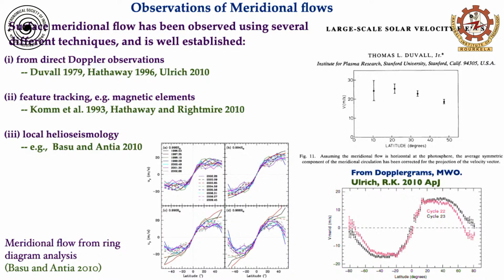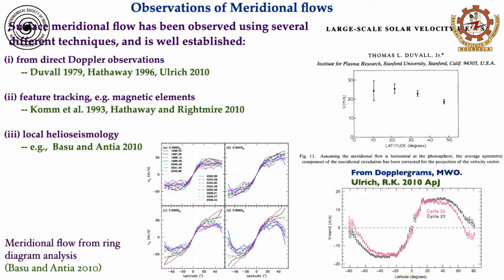And later, in 2010 or so, local helioseismology techniques were applied to measure these small flows. When you measure global frequencies, they are shifted by these small amplitude flows by a very, very small amount. It's very difficult to measure them.